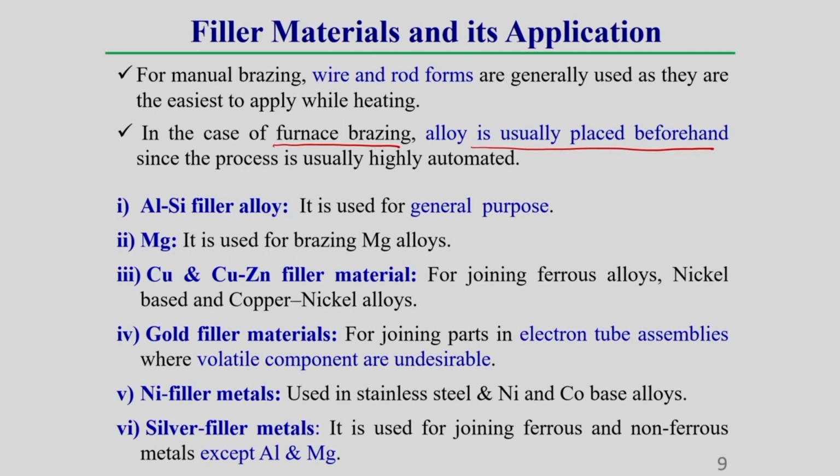In manual brazing, the wire or rod form is used during the heating cycle itself, once we heat the base material as well as the filler material together.